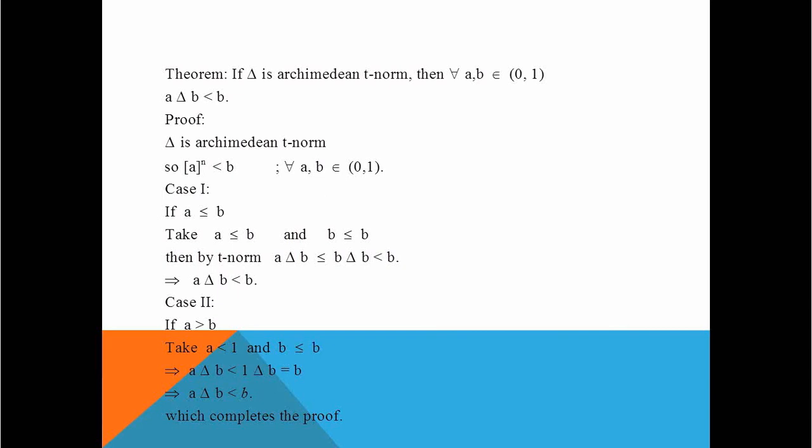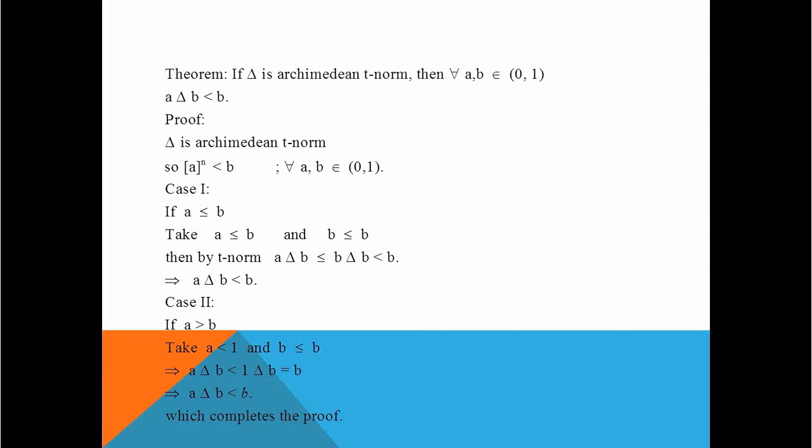So in this case, where a is less than or equal to b, we proved that a delta b is strictly less than b if delta is an Archimedean T-norm. Archimedean T-norms are convex T-norms, and a delta a, or a power n, is less than b.